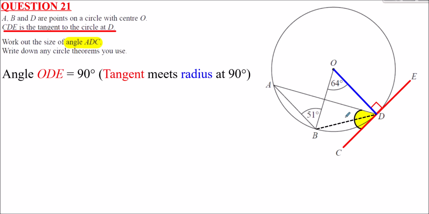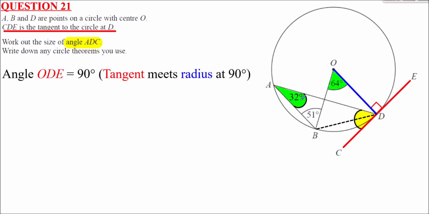The way I think about this circle theorem is if you've got an angle at the centre, coming from the same chord, and then an angle at the circumference coming off the same chord, then the angle at the centre is double the angle at the circumference. So because both angle BOD and angle BAD originate from this same base, BD, this one here will be half of 64. Half of 64 is 32, and we used a circle theorem to work that one out.